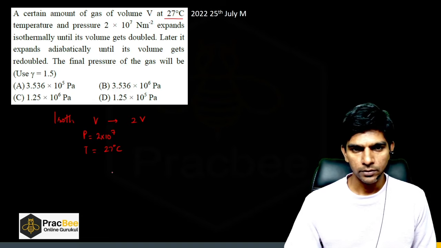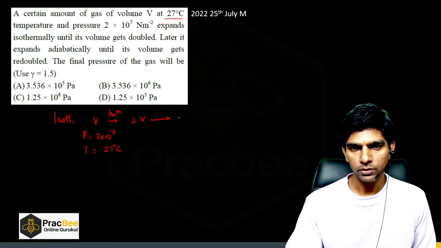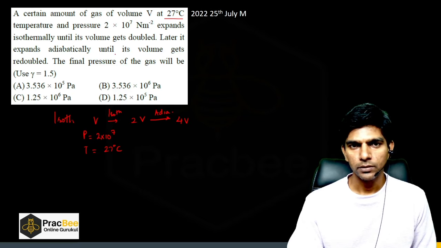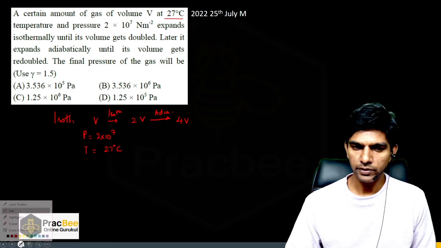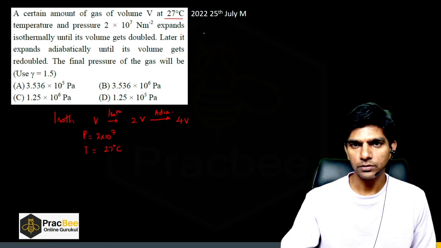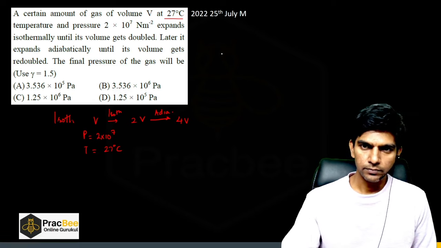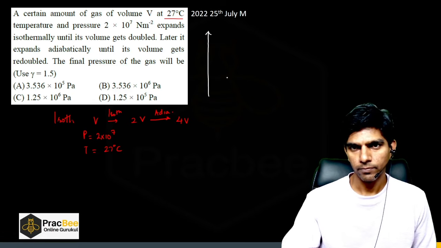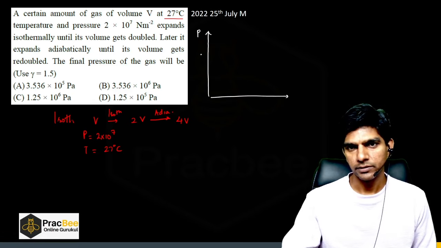Okay. So from V to 2V it is isothermal, right? And then from 2V to 4V it's adiabatic, right? Until its volume gets redoubled. The final pressure of the gas will be, okay, so we have to find the final pressure. Let me just plot the graph. So let us say this is P, this is V. We have started from this particular state.